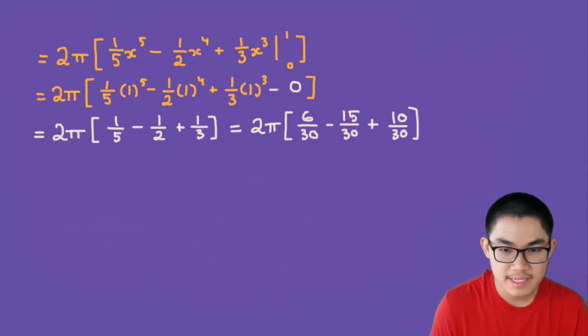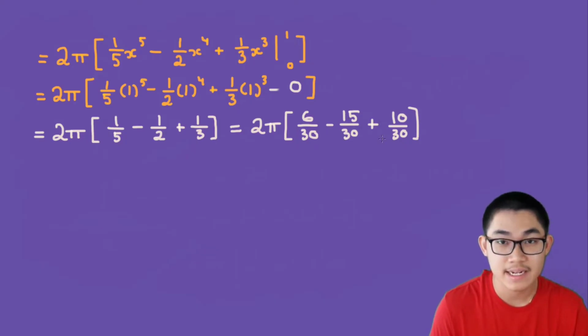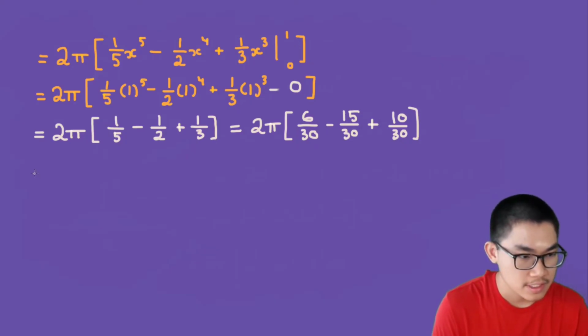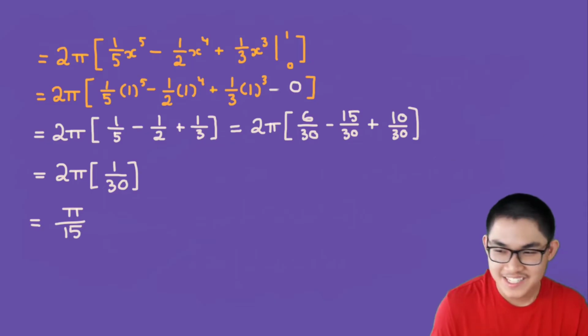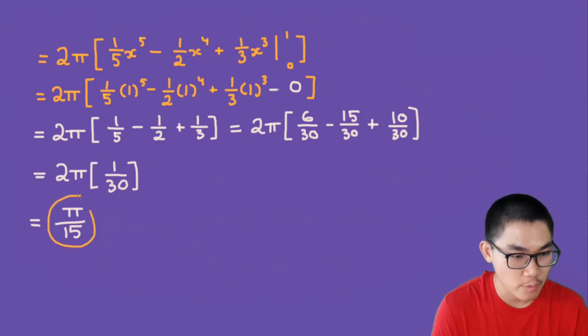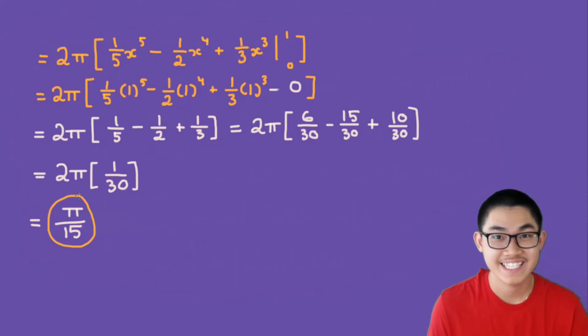Now, 6 minus 15 is negative 9, and negative 9 plus 10 is positive 1. So this is equal to 2 times pi times 1 over 30. And this is the same as pi divided by 15. So this number right here is the volume of our three-dimensional object.